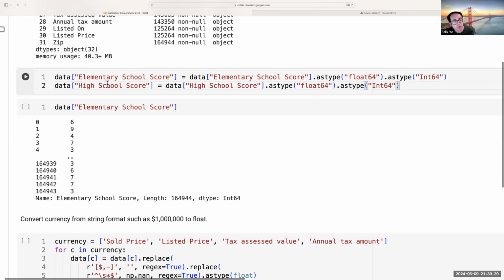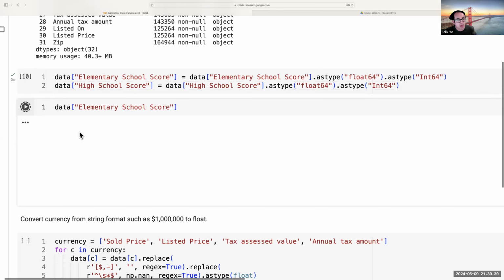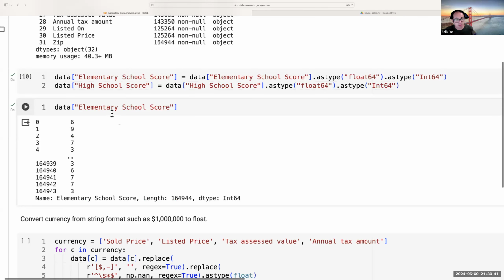You apply the same trick to the high school scores as well. If we do this, you can see all the elementary scores are now integers. The first one is 6, the second one is 9, and so on.